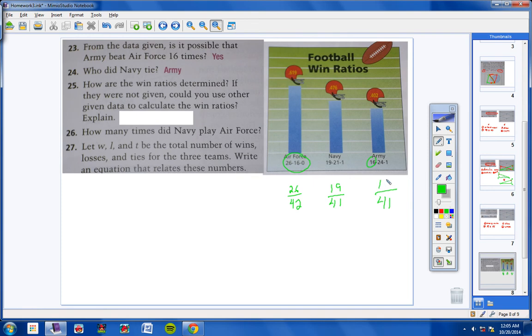So 16 divided by 41 will give you the win ratio, okay? All right, now it asks the question, could you use other given data to calculate the win ratios? I'm not quite sure what they mean by that question. I'm trying to figure out what they're asking their students. I'm not going to really worry about it.